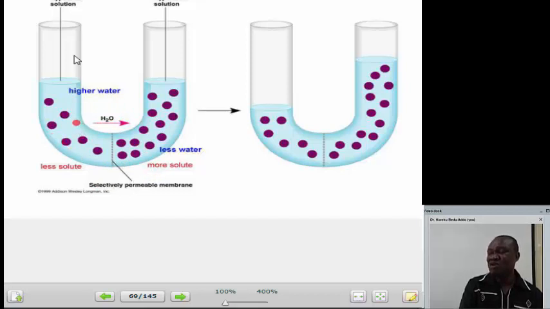Now, the solute in the water decreases the chemical potential of water. So water will tend to move from the region where its concentration is high to the region where its concentration is low. The water concentration in this limb is low because this is a very concentrated solution compared to this one. So the net movement of water will be in this direction.